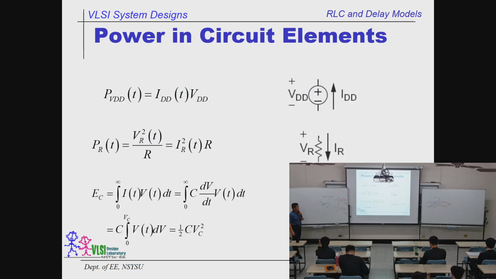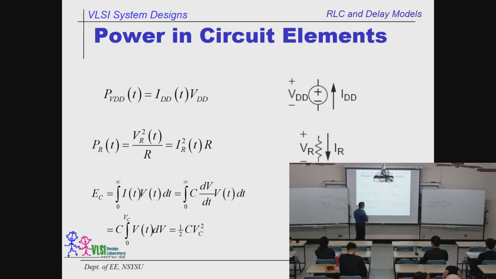All right, and this is the power in the circuits. The top one is the power provided by the power supply. Assume that the VDD is a constant. So it depends on how much current you draw from the power at a certain time. And of course, it can be replaced with V squared over R or I squared times R. It depends on which term you like to use.